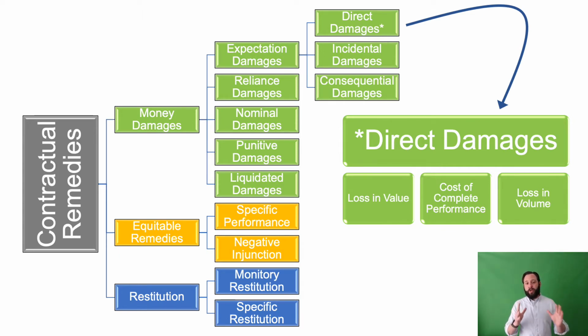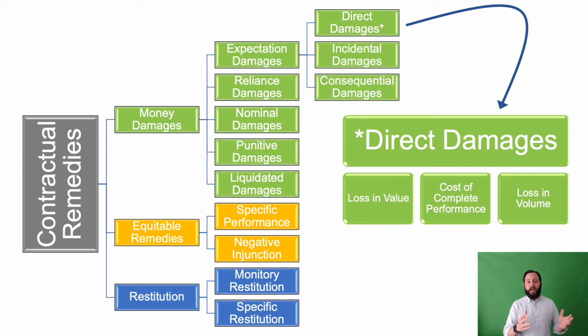We're going to spend the rest of the time in this video understanding how to calculate loss in value as a measure of direct damages, which is one of the three components, in addition to incidental damages and consequential damages, that make up expectation damages, which in turn is the most common form of money damages, which is the most common contractual remedy at law.